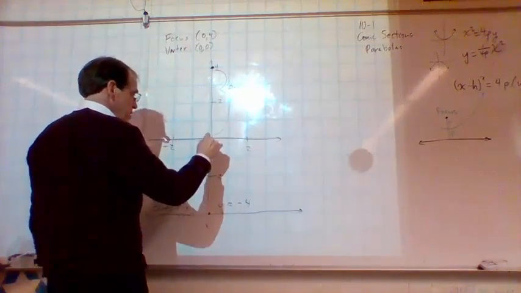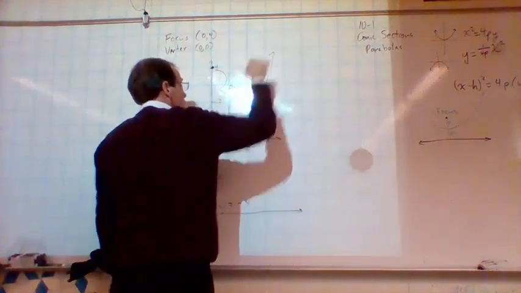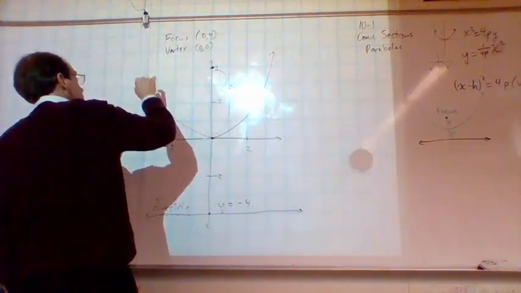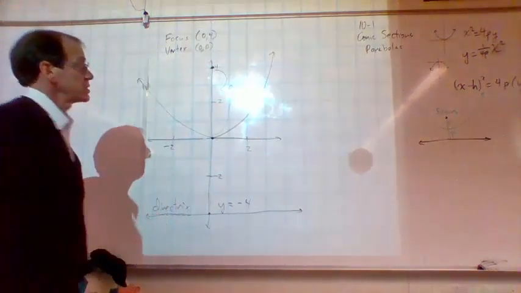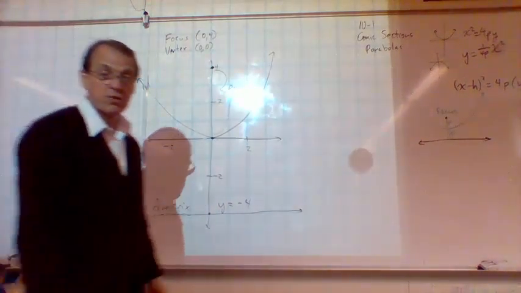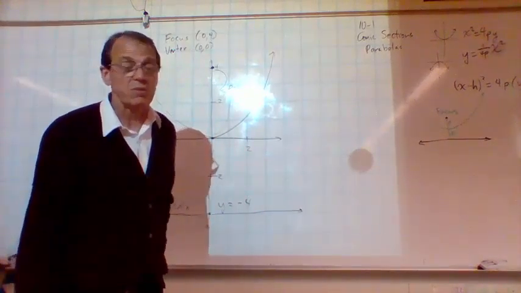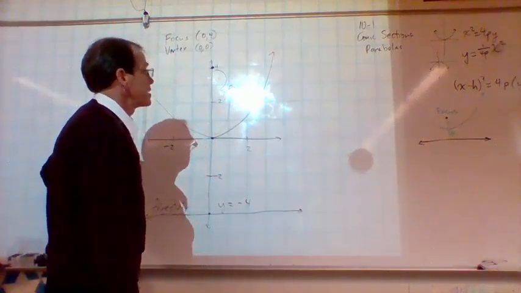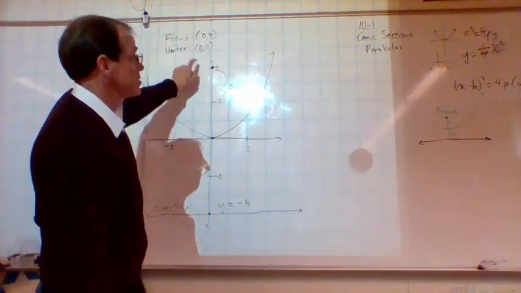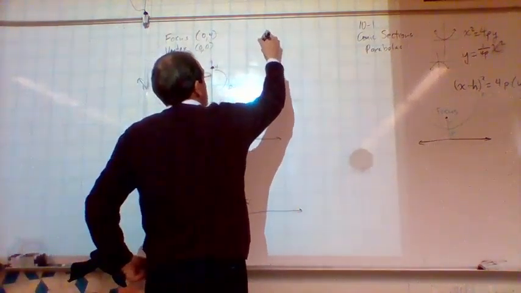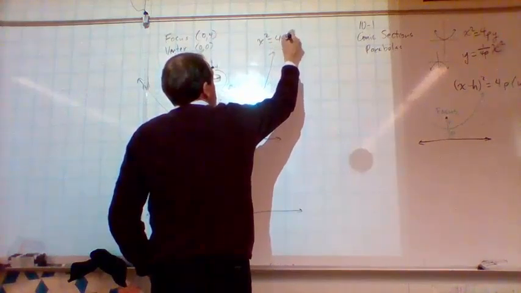So that means that the parabola, and I'm just roughly drawing this, is going to look something like that. That's just a little quick sketch. The reality is I don't care too much about where the specific points are. I know I've got my parabola in there. What I do want is to get my equation. Well, the equation that this fits is that first one I showed you, x squared equals 4py.